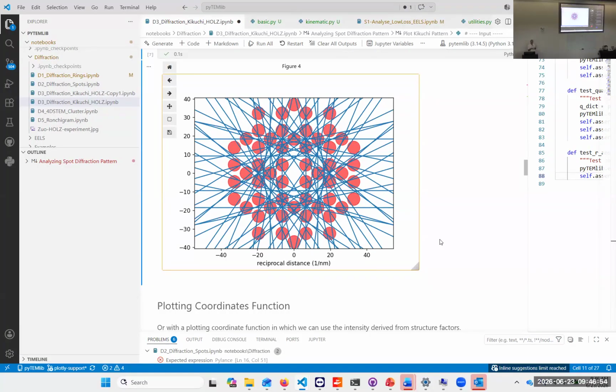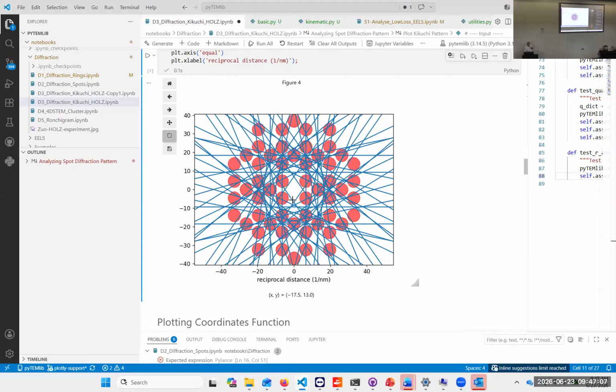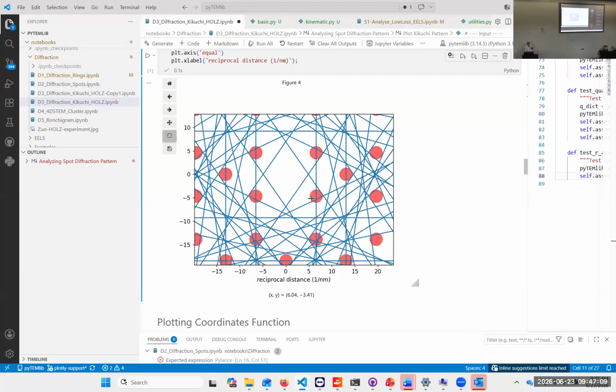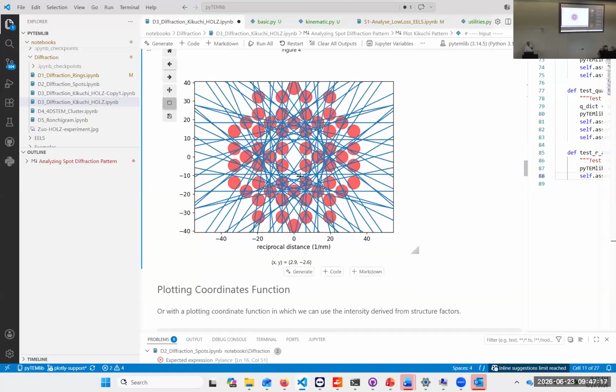So you have the Holz lines, the Holz rings, and the Kikuchi lines. The Kikuchi lines don't need any extra calculations. All you need is to go in between the center and here, and you already have your lines. So it's relatively straightforward.